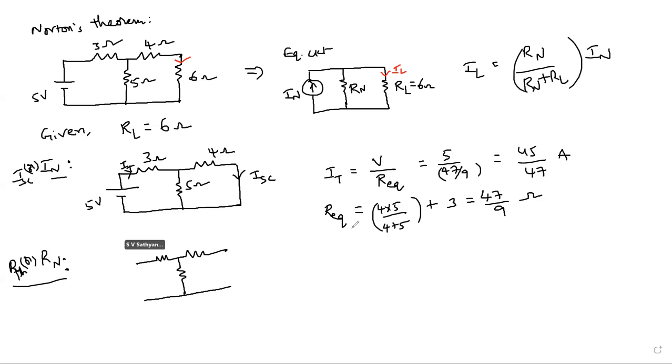Open the load terminals, and make the voltage source into a short circuit. So here you are having 3, 4 and 5. Here you need to calculate RTH. So RTH or Rn is equal to 5, 3 are in parallel: 3 into 5 by 3 plus 5.